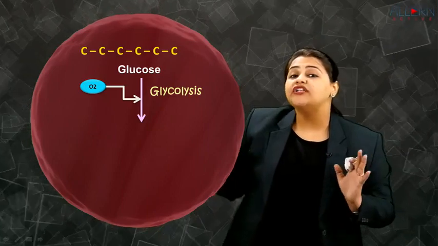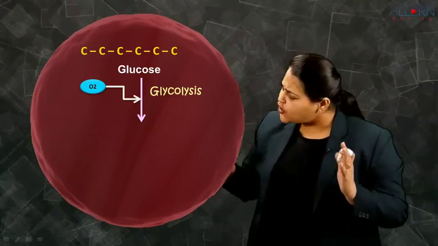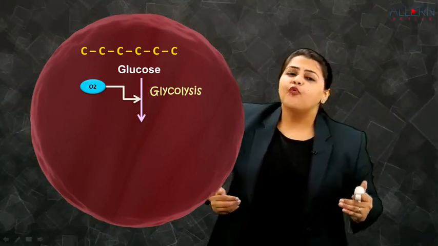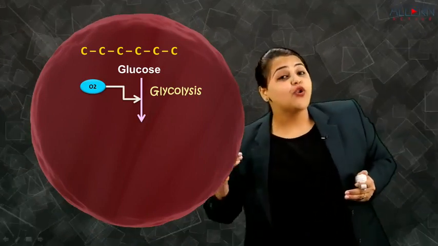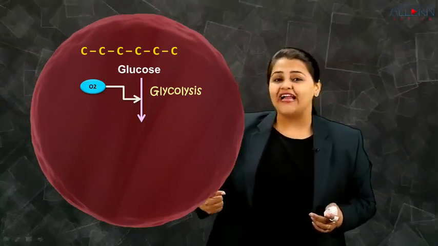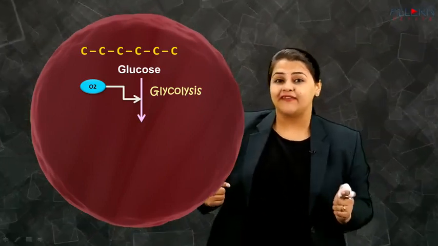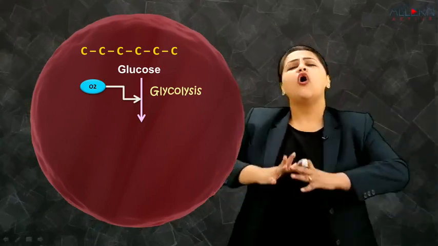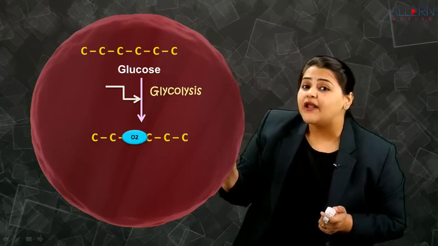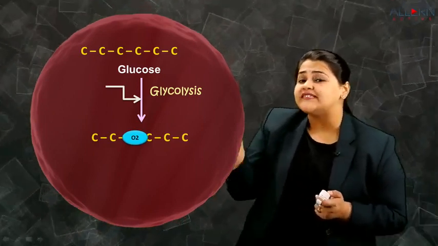Now, it's not just the oxygen, it's also a set of many enzymes, which are nothing but biological catalysts, which will speed up the chemical reaction. Well, that is what is happening. And this oxygen, along with a lot of enzymes, will break down this 6-carbon molecule exactly from the center.